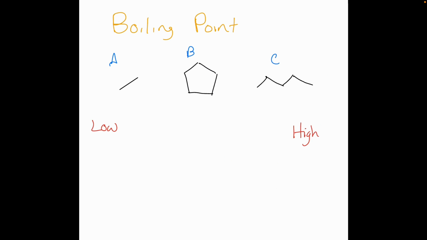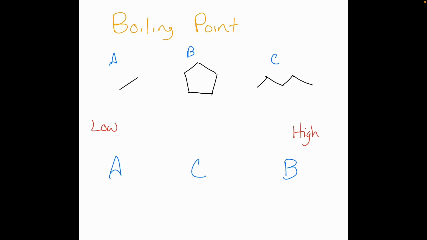All right, so which one's going to have the lowest boiling point? A, right, it's the smallest and it's an alkane. B and C both have 5 carbons, okay, but which one of the two is going to have the lower boiling point, B or C? C, right? The straight chain will have a lower boiling point than the cyclic molecule. Cool.